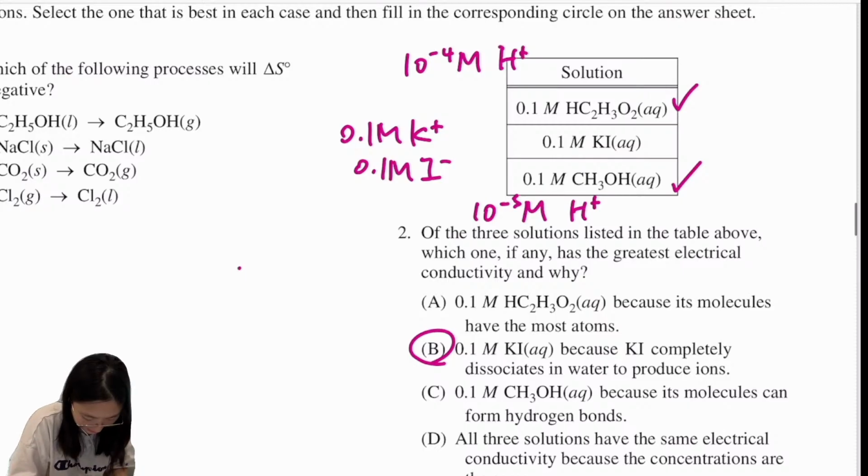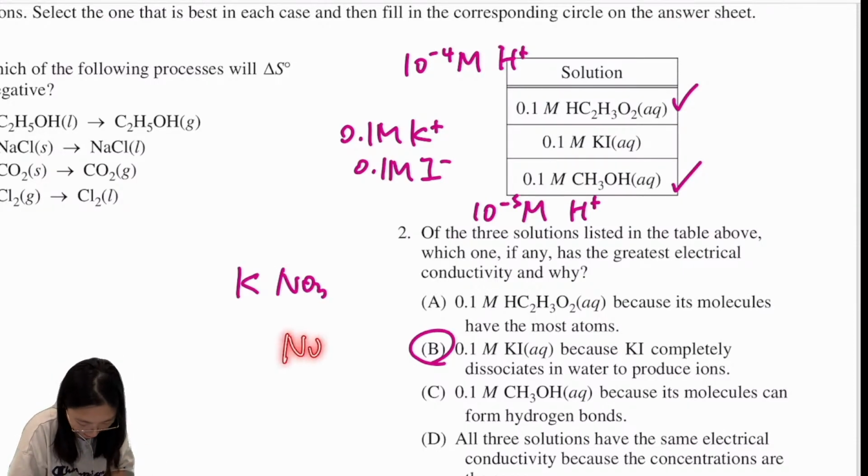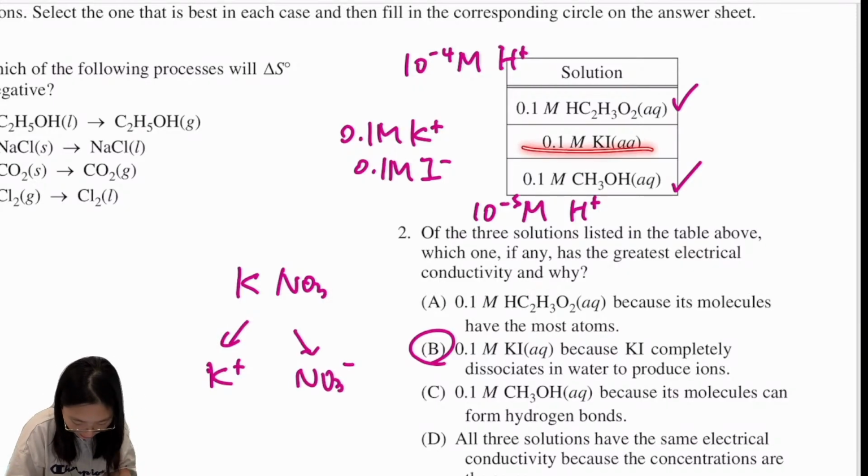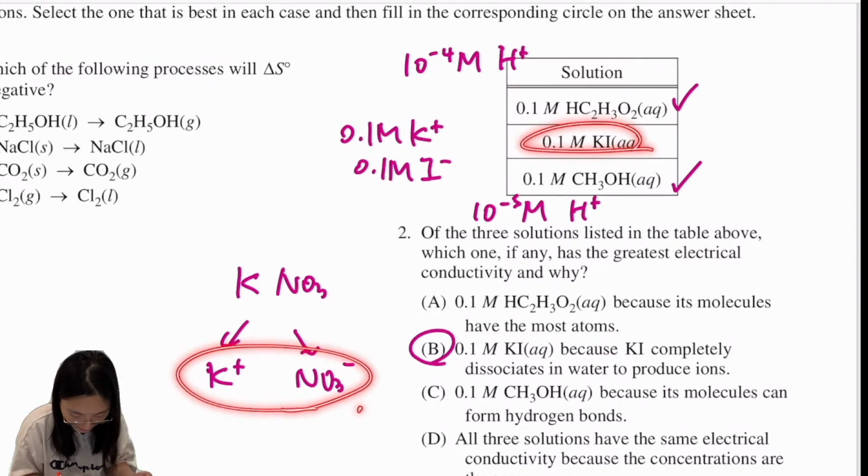Remember that potassium nitrate is also an ionic compound. Nitrate, NO3 minus, is a polyatomic ion, but still an ion, so it dissociates into potassium and nitrate. If we compare these two solutions, their electrical conductivity will be exactly the same, given that their concentration is the same.